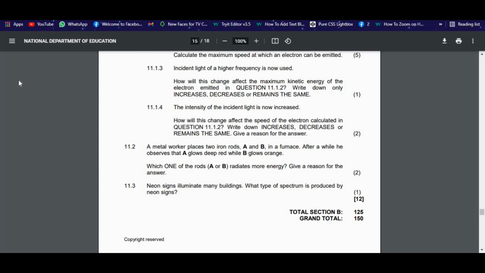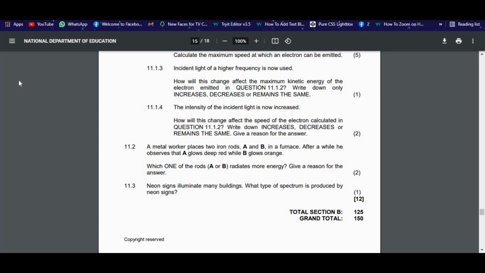11.1.4 now says the intensity of the light is now increased. How will this affect the speed of an electron calculated in 11.1.2? Well, we must understand, what does intensity affect? Intensity only affects the number of photoelectrons emitted per second.